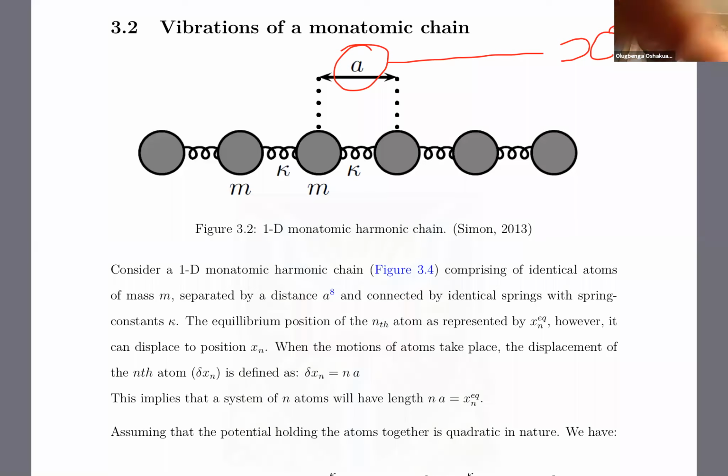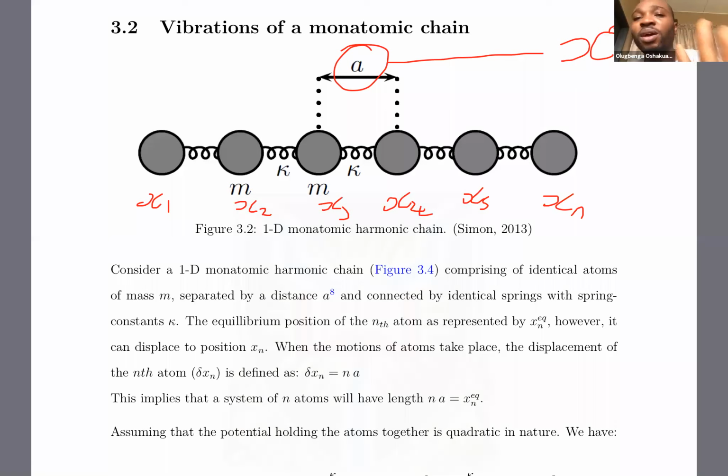And in this case also, we should try to label these atoms or these particles. We can label them such that we'll say this is at position x1, this is at x2, x3, x4, x5, and on and on until we get to xn.